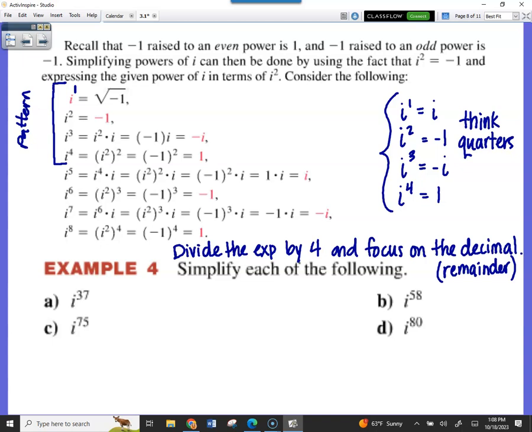That's why I want you to think of quarters. When you divide by 4, the decimals are 0.0, 0.25, 0.5, 0.75 because of quarters. So for instance, 37 divided by 4 is 9.25. How many quarters is that? So 1 remainder, and then what you do is you calibrate it to, instead of i to the 37th power, you do i to the 1st power, because it was a remainder of 1. What is i to the 1st? It's i.